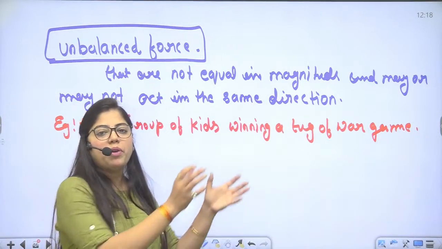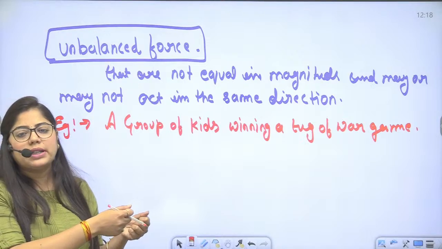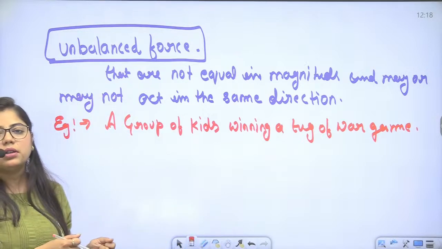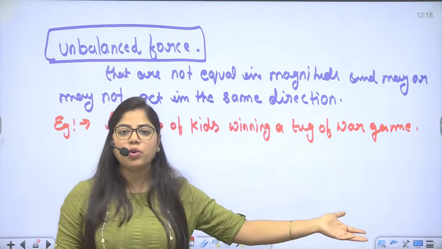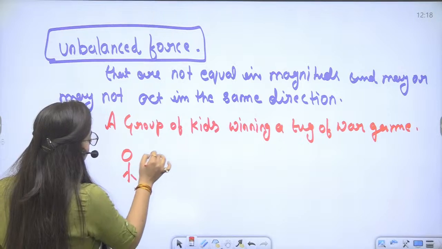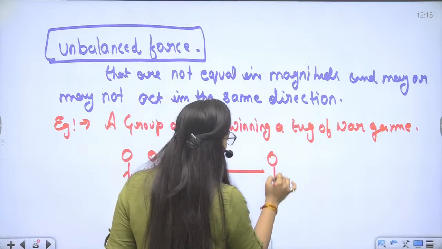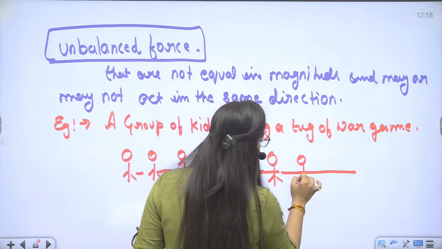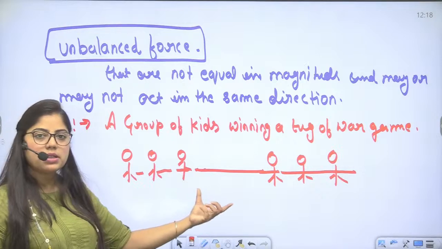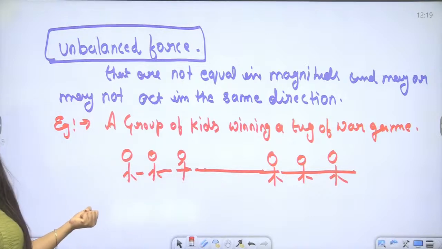One group of kids stands at point A stretching the rope, the other group stretches the rope on the other side. Only one group of kids wins this tug of war game because they exert a heavy force on their side.